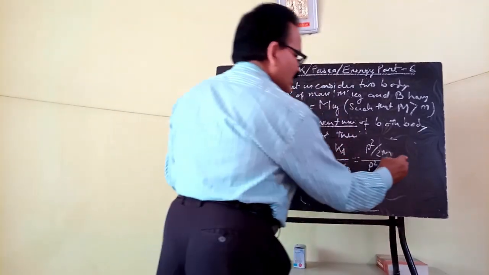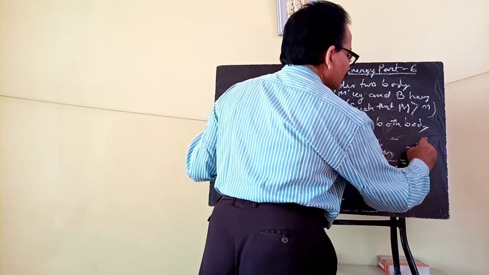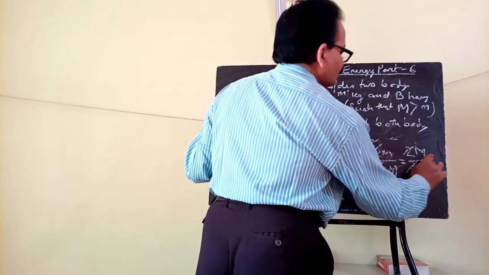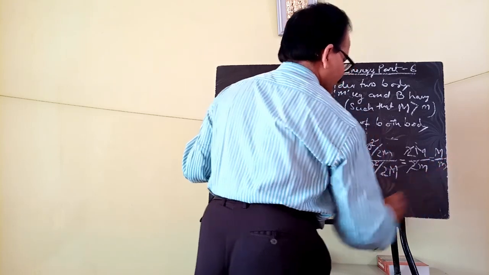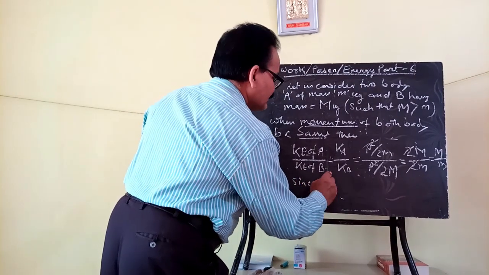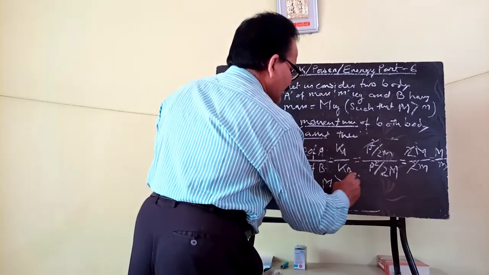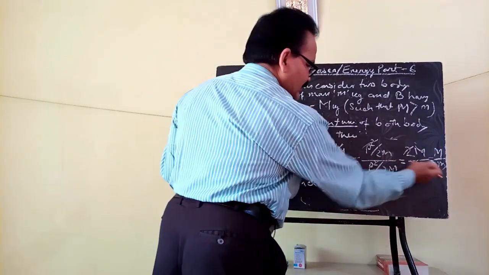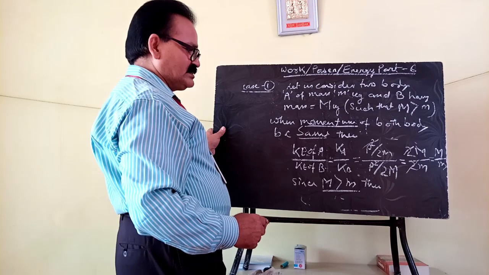Okay, since after simplification P square cancel each other, 2m will be up and small 2m will be in the denominator, again 2 cancel, so this will be the ratio of mass of B by mass of A. So kinetic energy of A, since mass of B, your bigger M, is greater than mass of A, you see this value, numerator is greater than the denominator, and here kinetic energy A is in the numerator, kinetic energy of B is in the denominator.